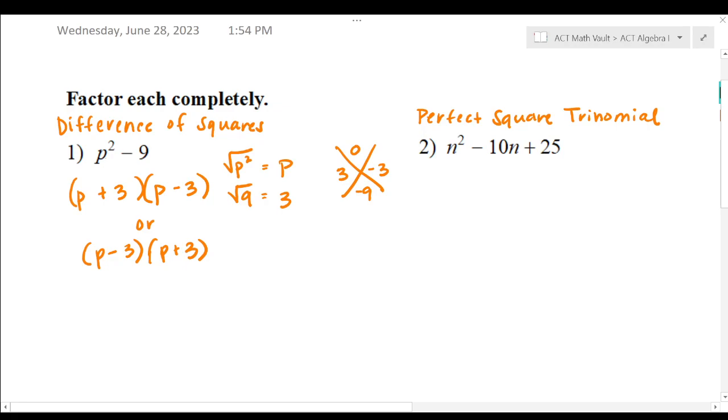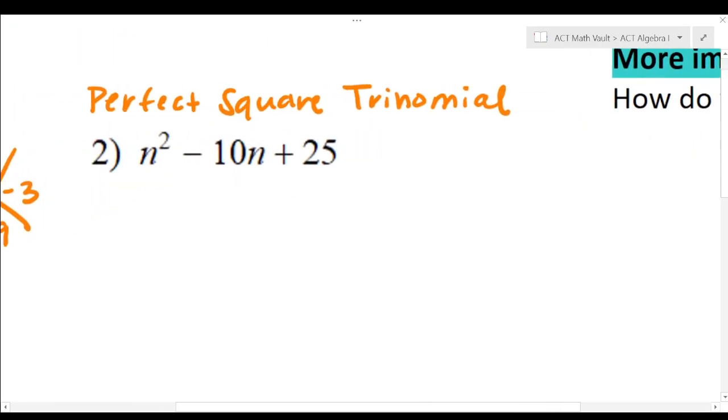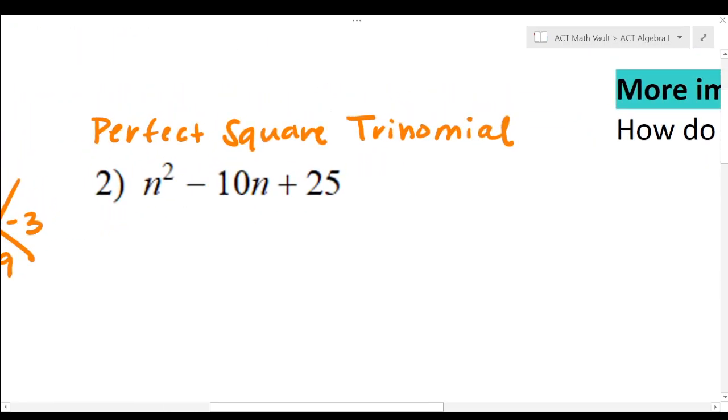So a perfect square trinomial is different, but also relates to that just factoring trinomial concept, especially when a is equal to 1. It's the best way to introduce this. So if you see a trinomial, you should think, as long as it is factorable, that you can just break this off into two binomials.